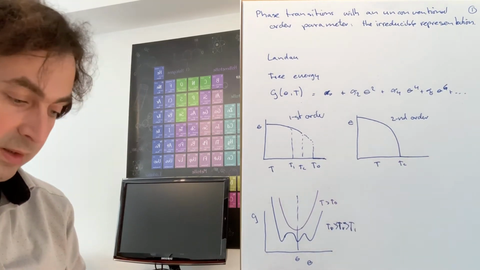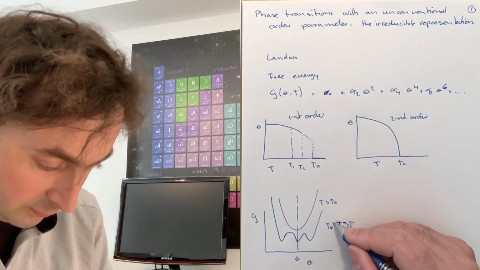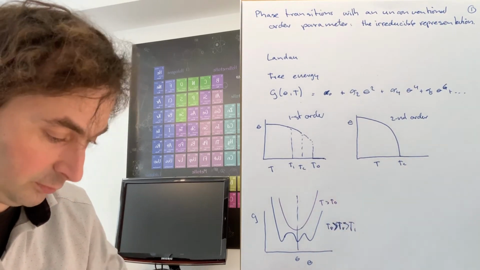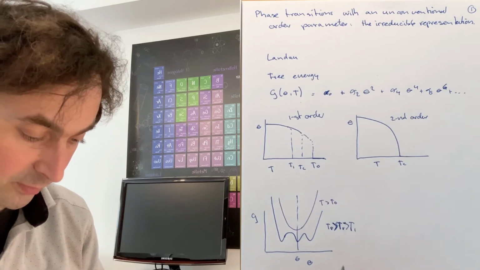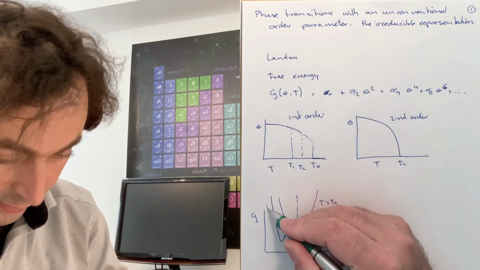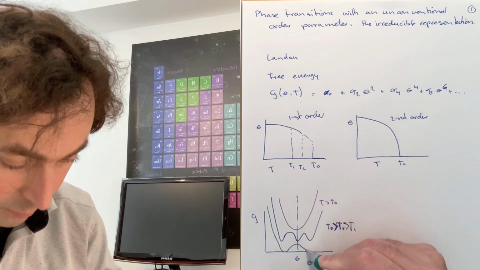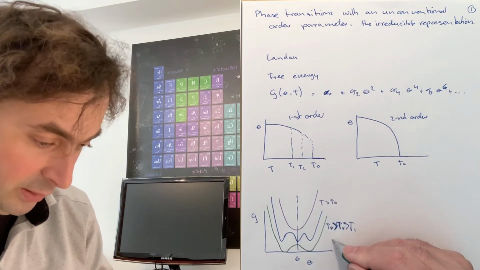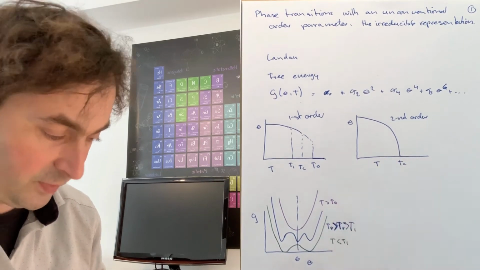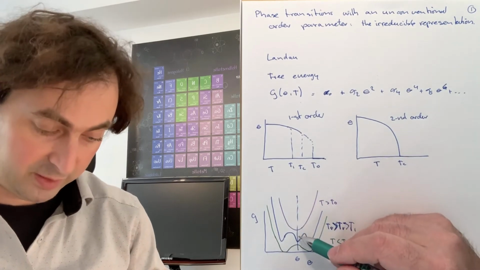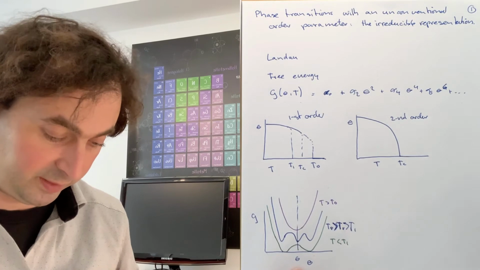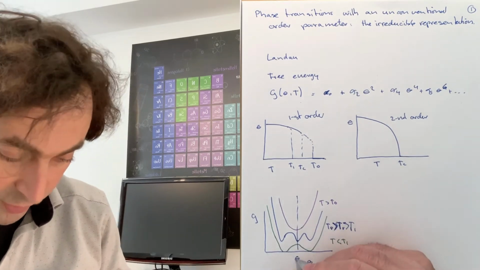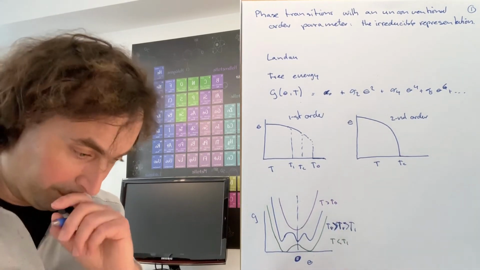So T is between T0 and T1. And then at low temperatures we have again only 2 minima, a maximum at theta 0 when T is smaller than T1. Such that you have a phase transition from theta is 0 at high temperatures to a finite value of theta at low temperatures.